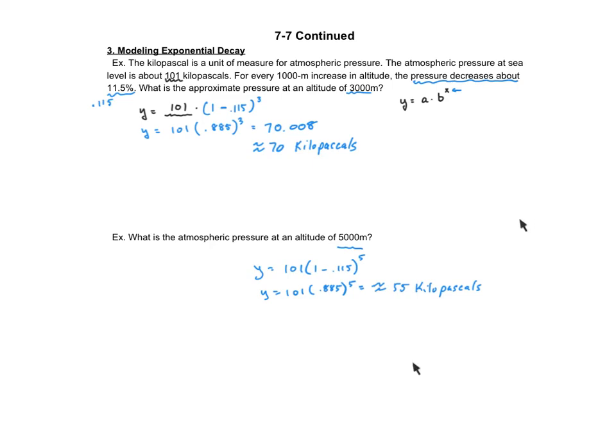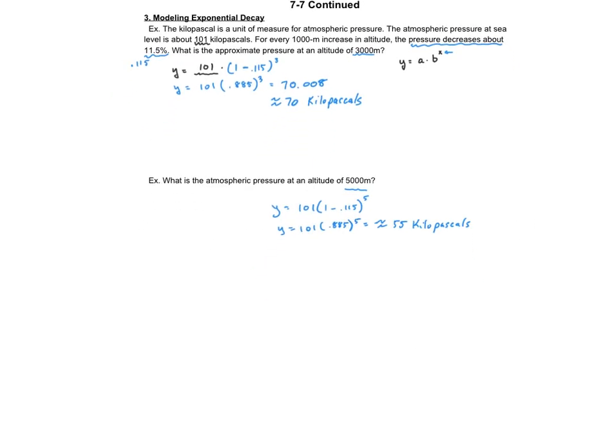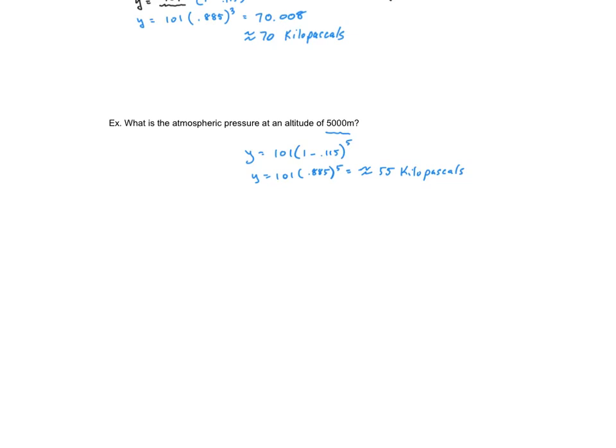And I guess to specify one last thing, we talk about the exponential function, the initial value times the base raised to x. And we say that b cannot equal 1.